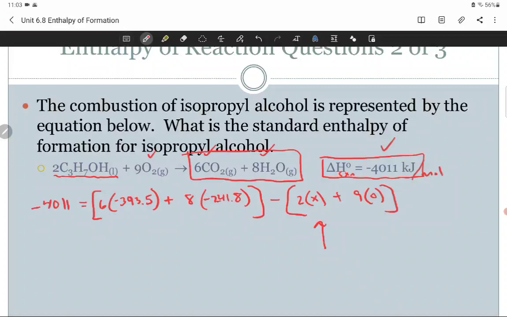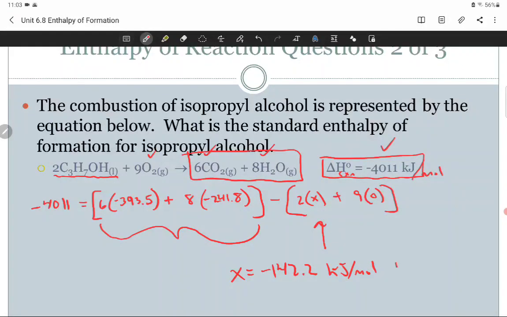So I guess what might be easy for you guys would be to add this all up, and then get everything over to the negative 4011 kilojoules per mole side and divide by 2 to solve for X. And when I solve for X, I got a value of negative 142.2 kilojoules per mole.